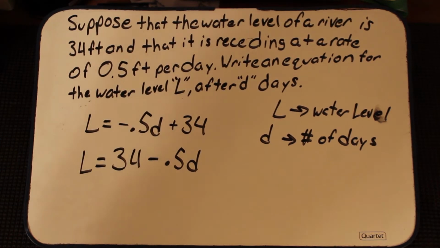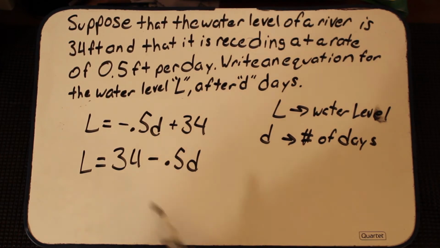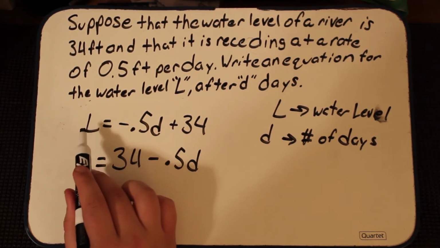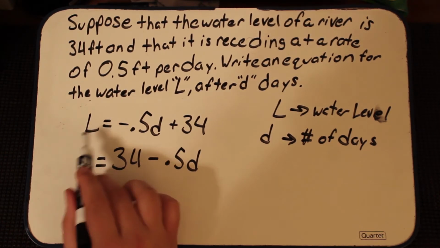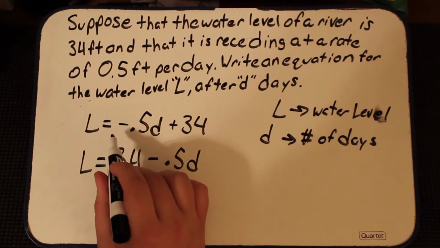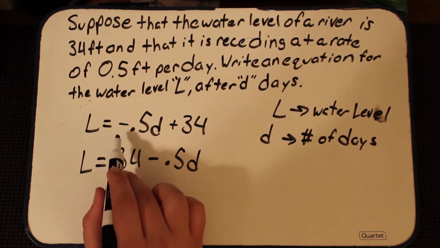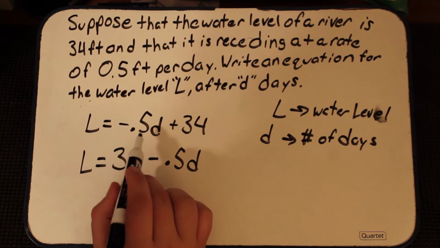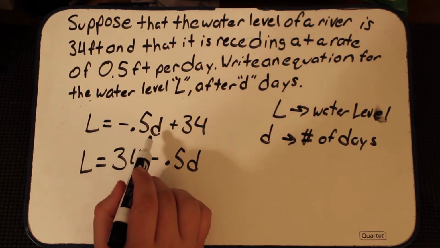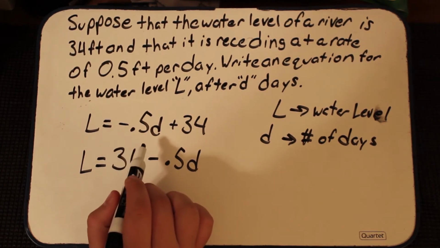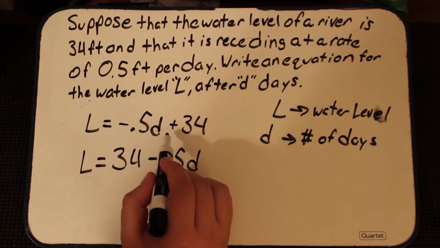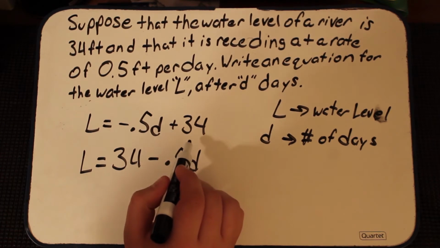Now, let's recap and talk about what we really did here. The equation that we have here shows our water level, which is what we're looking for, equals our rate of change, which is minus 0.5, because we're losing half a foot of water each day. So we have negative 0.5 times d, or the number of days. And our initial level was 34.